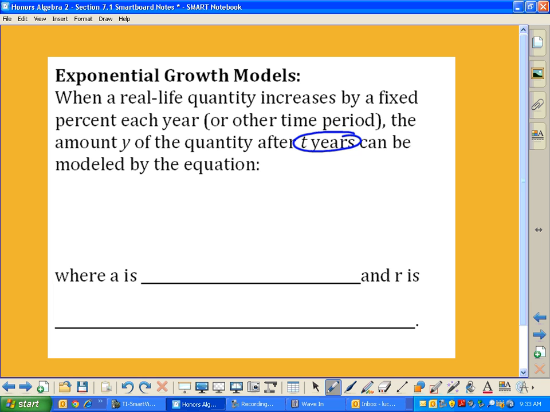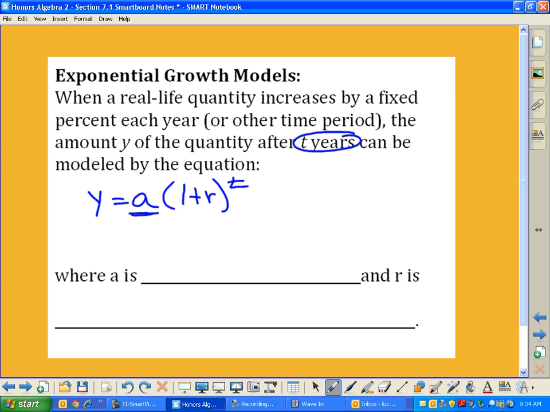There's also a couple of other letters, so here's your formula. It goes y equals a times 1 plus r raised to the t power. You might recall from yesterday's lesson, a is your initial amount. We'll do this formula again on Tuesday and I'll have you fill in these blanks.